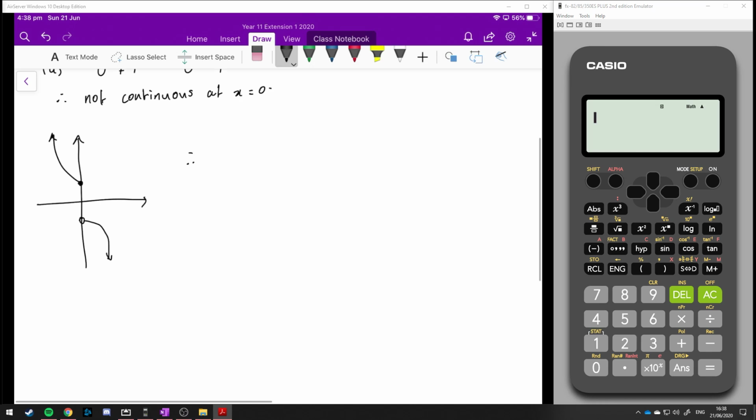Okay, so therefore the domain is all real x. Okay, so domain's fine. But the range in this case is going to be from negative infinity up to, and not including, negative 1.